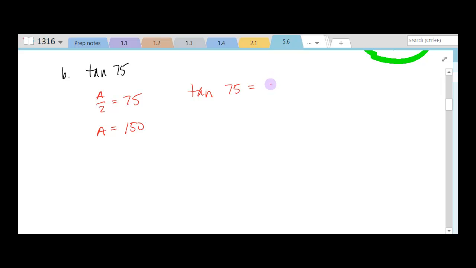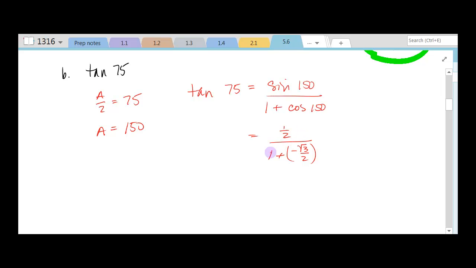So I'm going to choose the one that says the sine of A, which is 150, divided by 1 plus the cosine of A. Now the sine of 150 is 1/2, and 1 plus the cosine of 150 would be 1 minus the square root of 3 over 2.